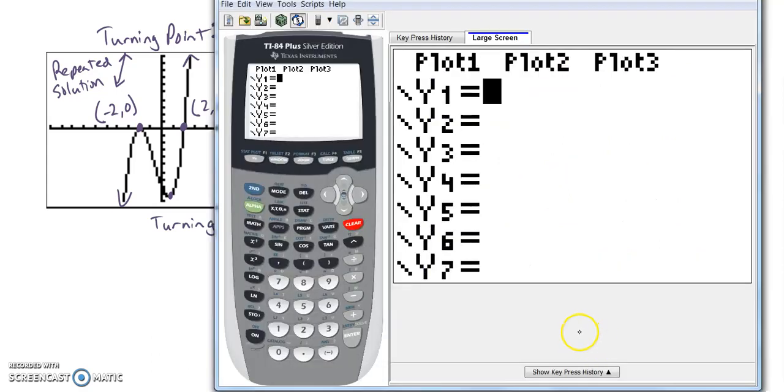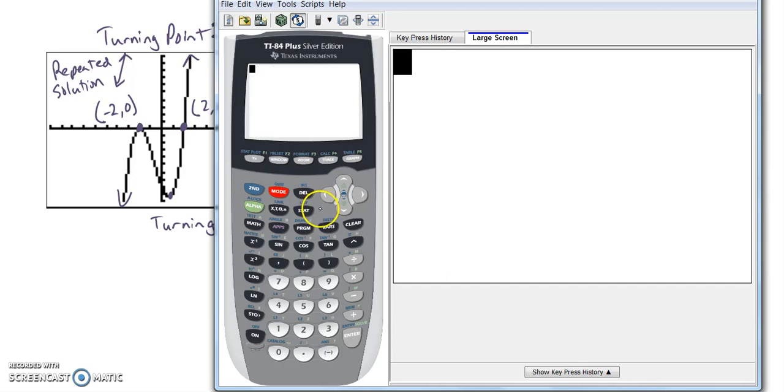I can always check my answer by graphing my equation using a graphing calculator.